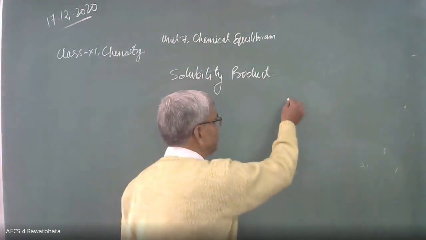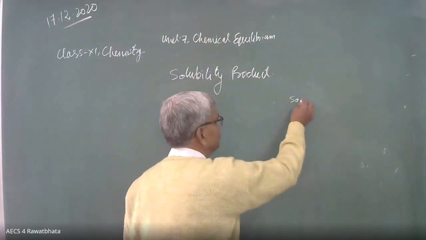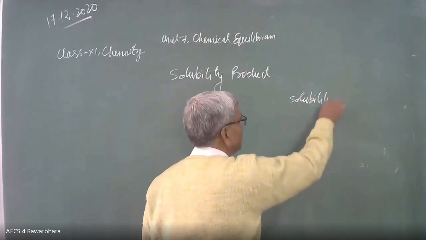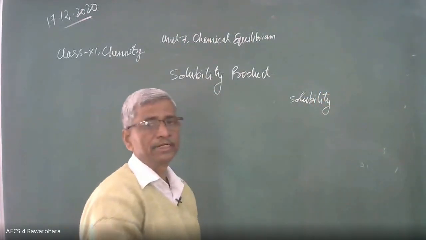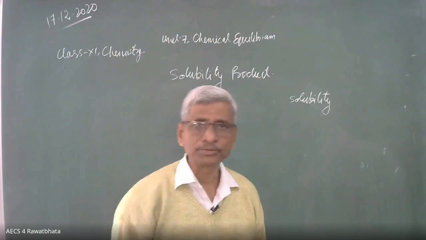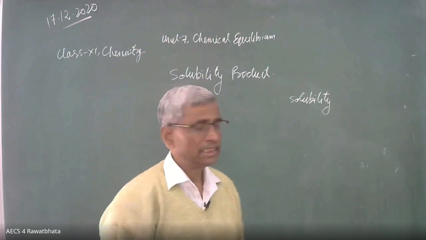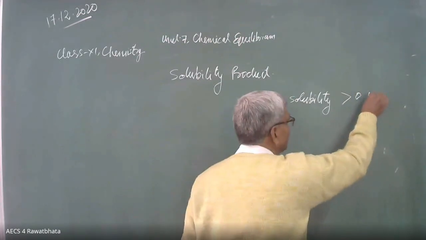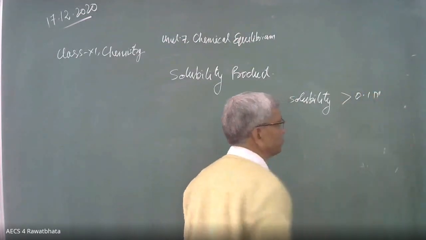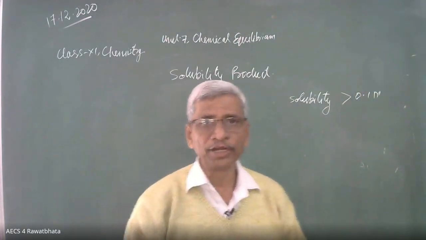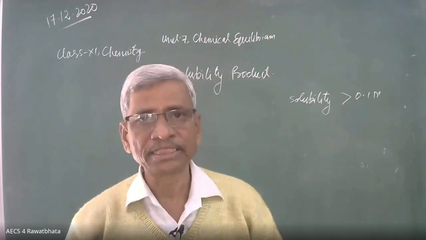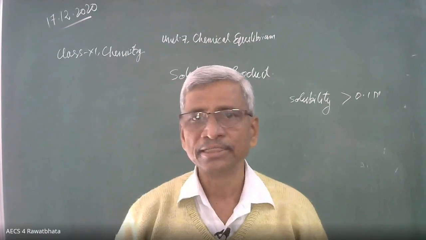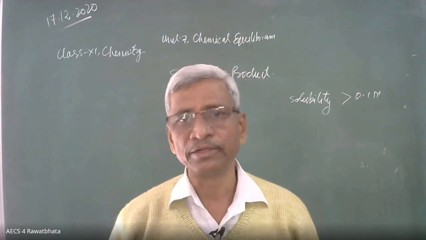Solubility means the amount of solute that can be dissolved in a fixed amount of solvent. If the solubility is greater than 0.1 M, that is, 0.1 mole of the substance is dissolved in 1 liter, the substance is called soluble in water.